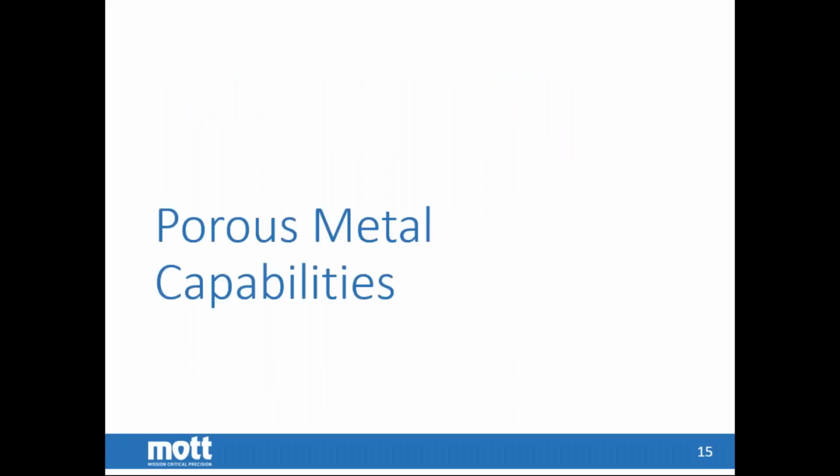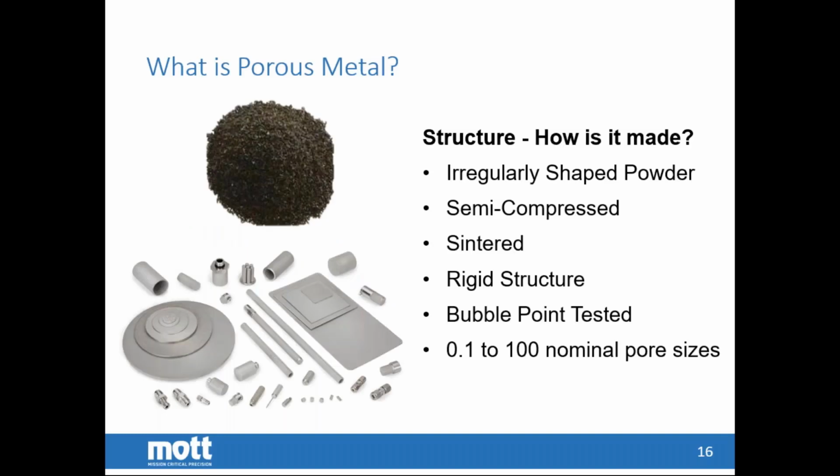So we'll move on to porous metal and its capabilities and give you a general overview of what porous metal is and how we design it and some of its versatility. So a little bit about the porous metal. Really, you start with an irregular shaped powder. It's semi-compressed and then sintered. Once it's sintered, it takes on a rigid structure just like it would any other metal, but you do have the pores in there, and those pores are based on the size of the powder particle that's used to make it.